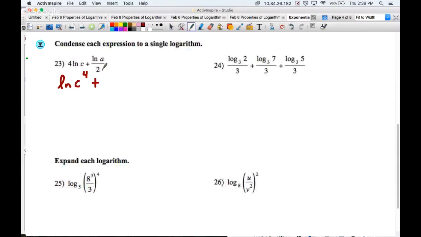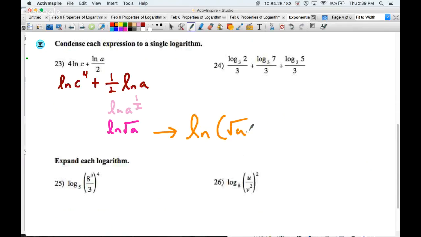I want to take that divide by 2, make it, and instead of multiplying by 1/2, this here is going to become ln a to the 1/2. And we can maybe leave it like that, but I think I'd rather do ln of the square root of a. These things are being added, so that means I can multiply what's inside. This eventually becomes the natural log of the square root of a times c to the 4th.